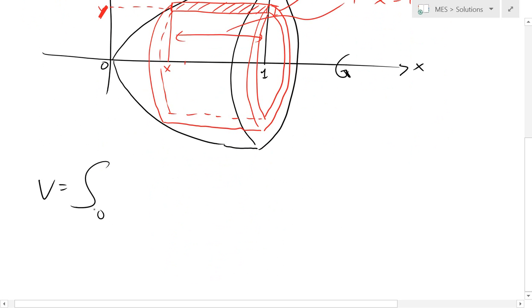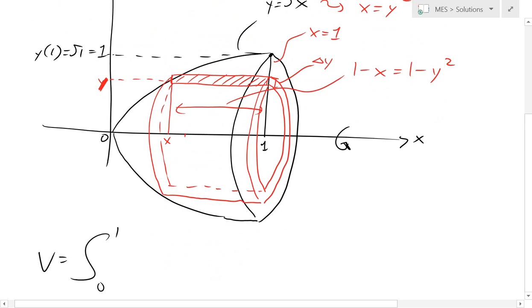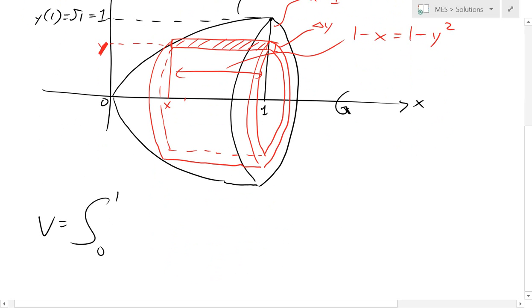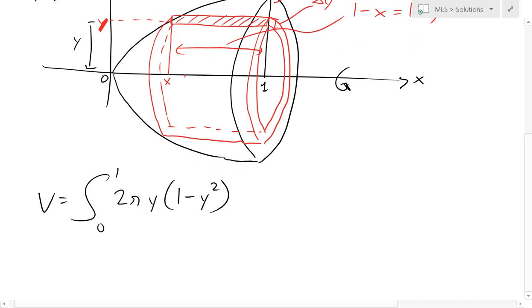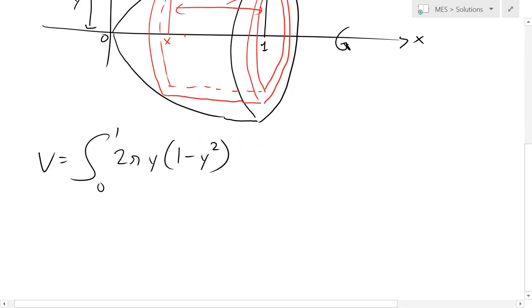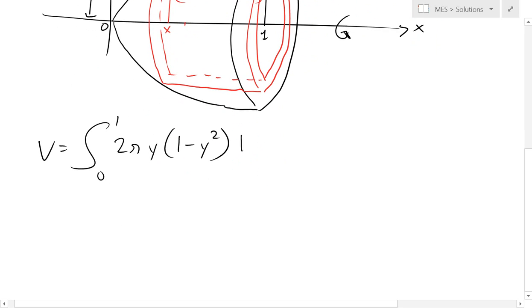So the volume is the integral from 0 to 1 of the circumference of this shell, which is 2 pi times the radius, y, so 2 pi y, times the horizontal height, which is 1 minus y squared, times the thickness, which is delta y, but since we're dealing with integrals, the infinitely small thickness dy.